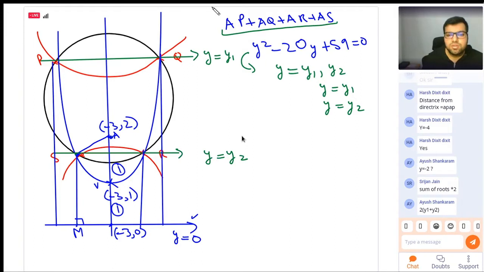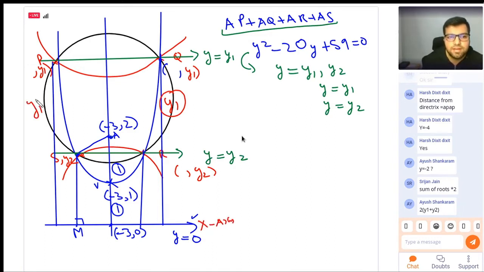So can I say if this point is (x1, y1), its y coordinate is y1, P's ordinate is also y1, R's ordinate is y2, and S's ordinate is also y2. So these distances will be equal to y1, y1, and y2, y2, because these distances are from the x-axis, which is nothing but the directrix.